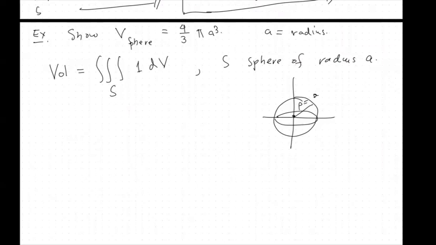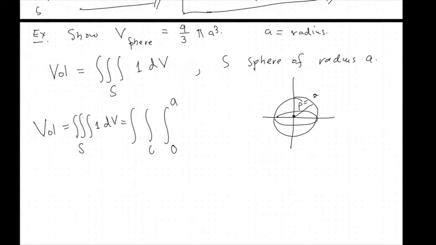So the volume of the sphere is given by this triple integral. Your rho is from 0 to a, phi is from 0 to pi, and theta is from 0 to 2 pi.